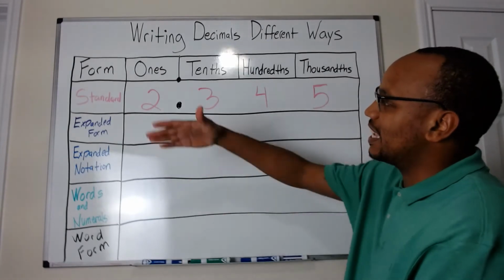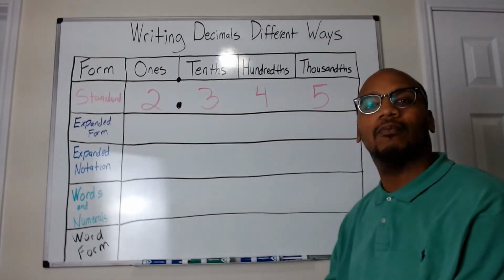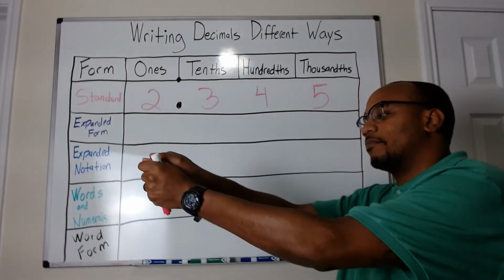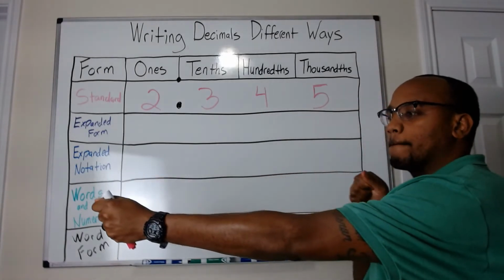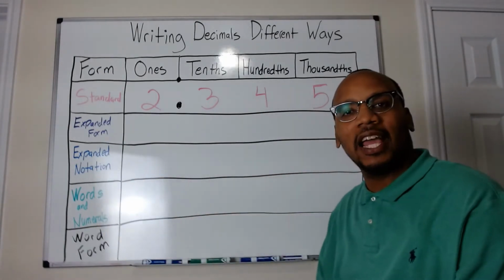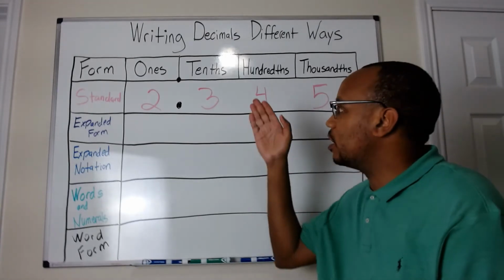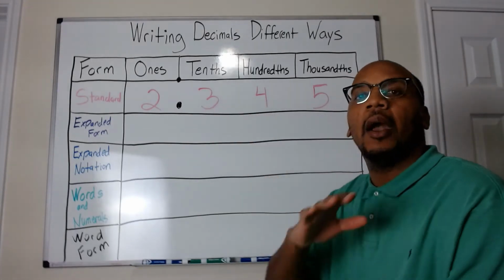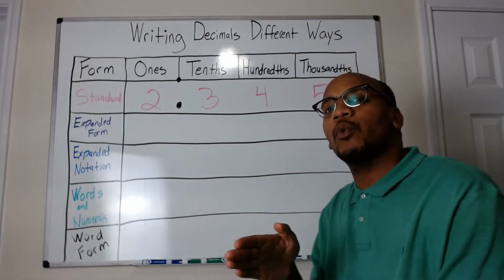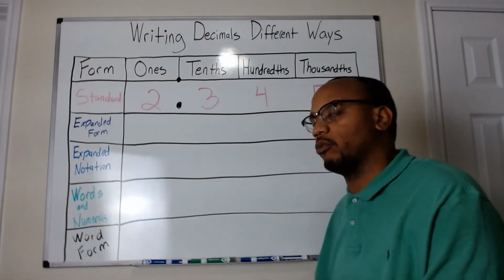Now, let's get into expanded form. Expand something means to stretch it out. So in expanded form, you are writing that number the same way, but separating it by place value.